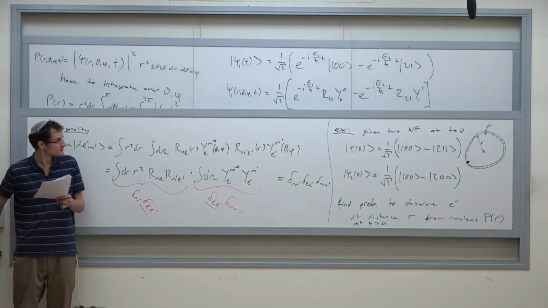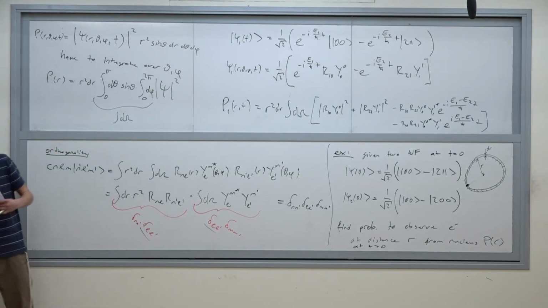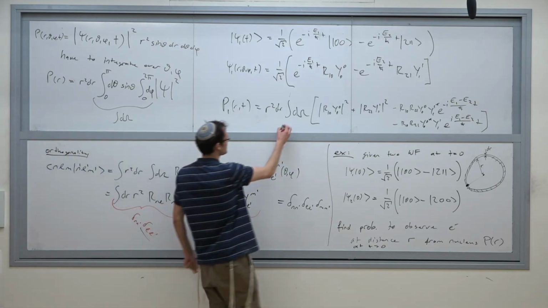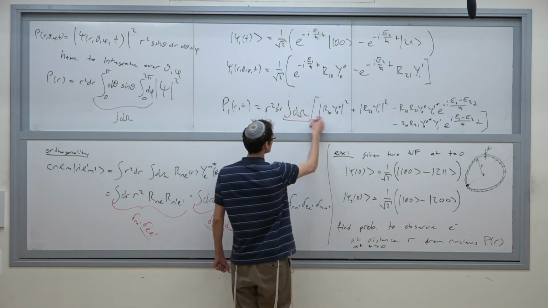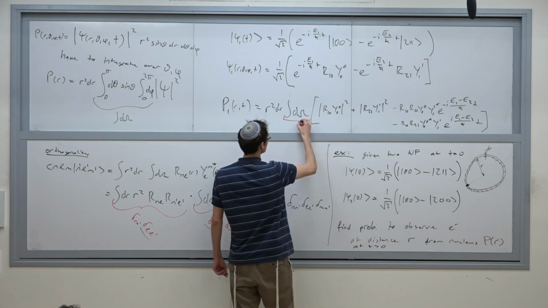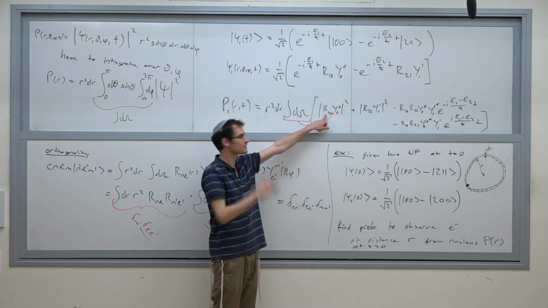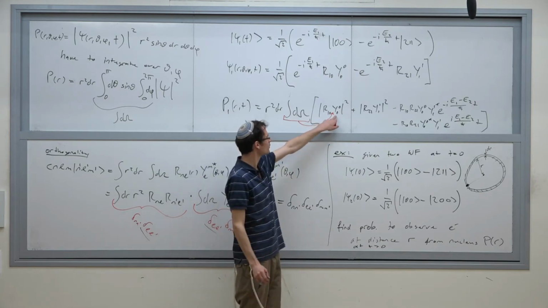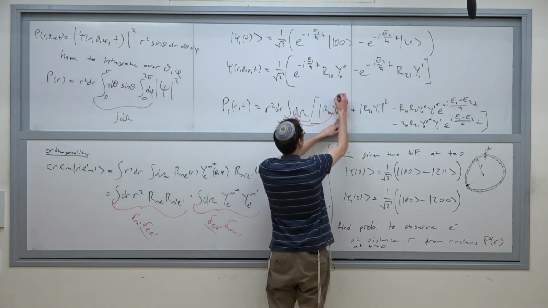What I'm going to do next, I'm going to spare you of writing it out again. What I'm going to do next is take this d omega, right, and move it in front of the four terms. I can move this in front of here because the r doesn't depend on the angles. So the integral over Y00 squared, that's just 1 because they're normalized.